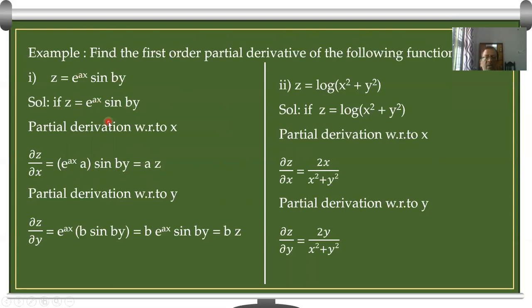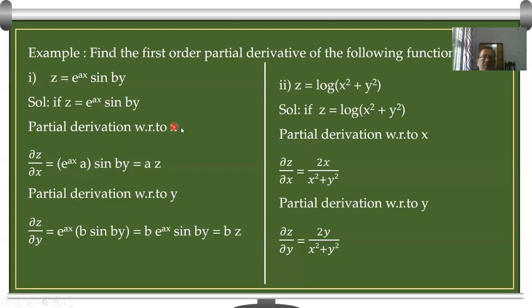We want the first order partial derivatives. z is a function in terms of x and y. Therefore, here we want both dou z by dou x and dou z by dou y.